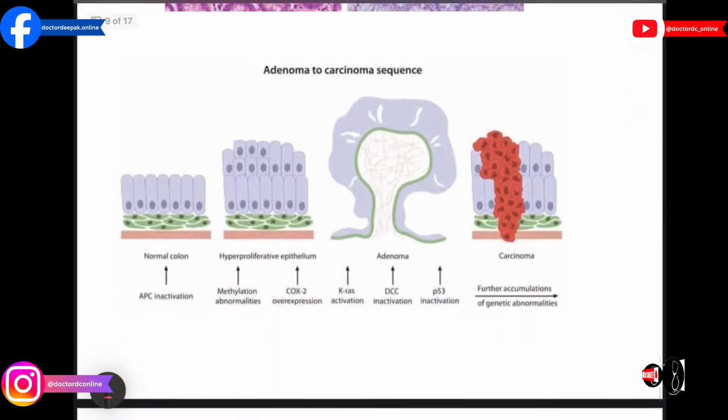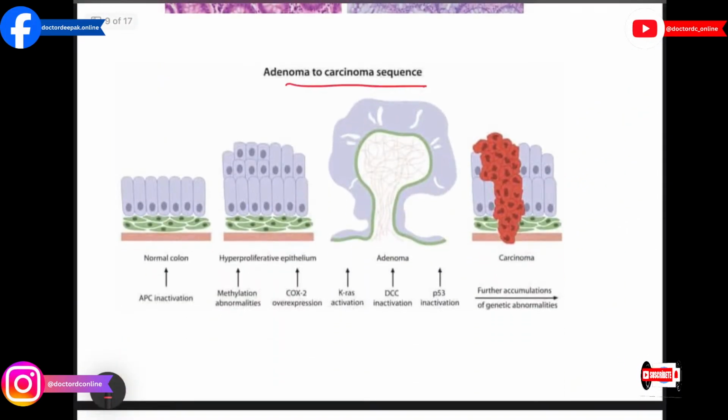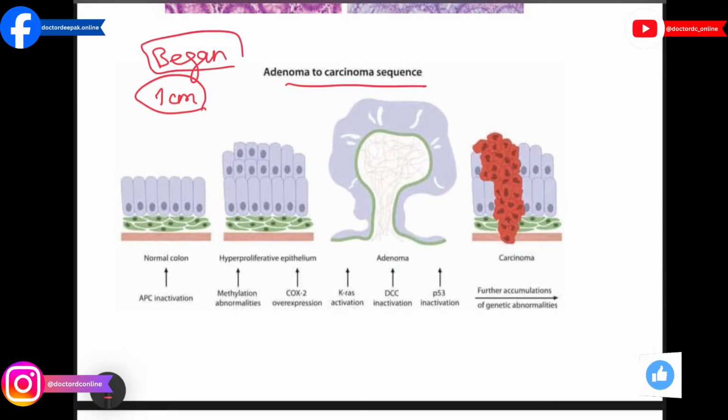And if we talk about the question, in this patient there is an adenoma of 1 centimeter. This journey from adenoma to carcinoma begins and starts with the mutation, APC inactivation, a tumor suppressor gene. Okay?